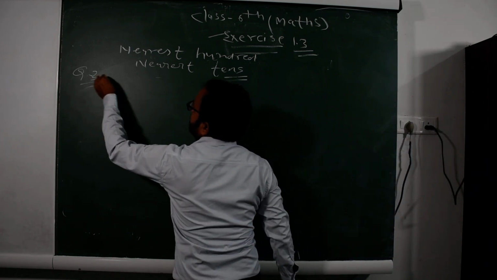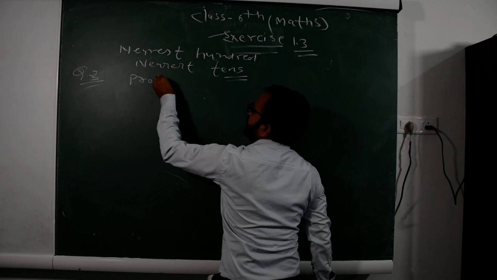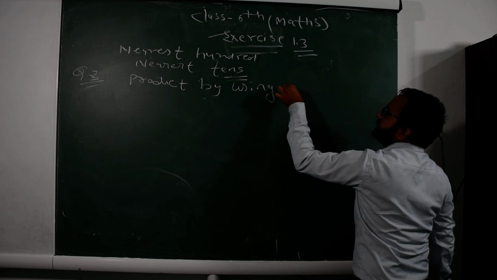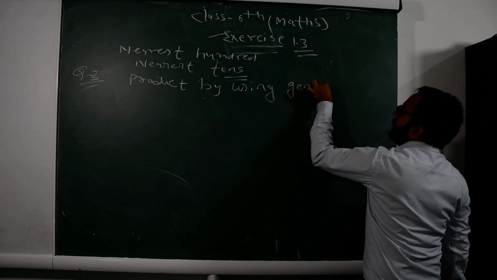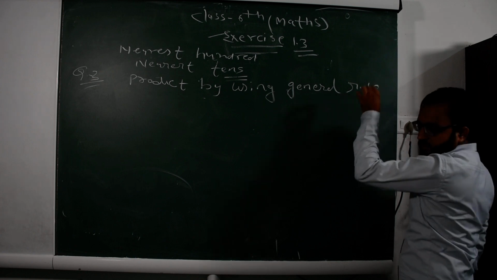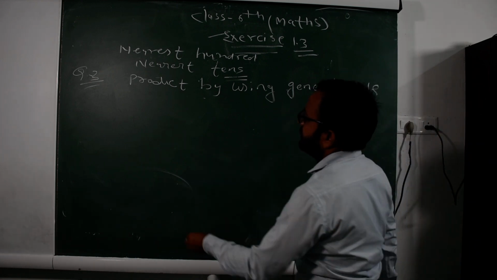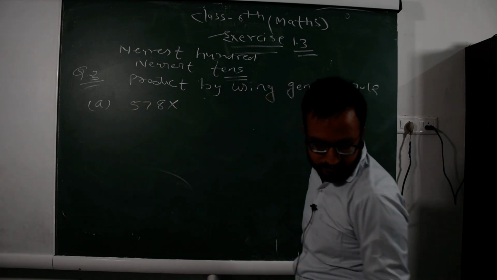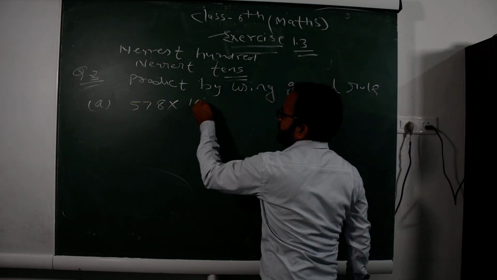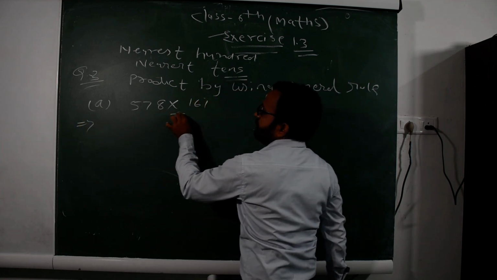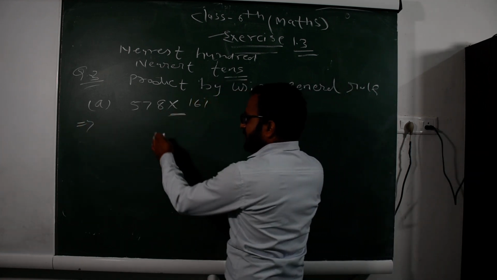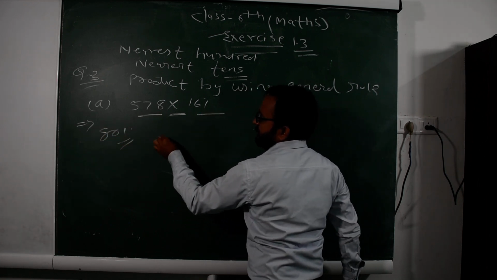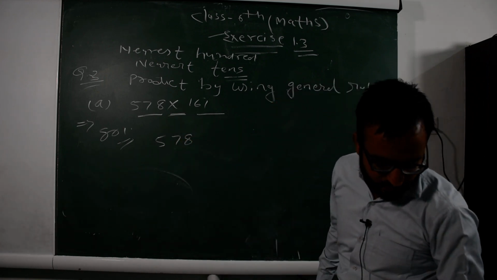Find the following product using the general rule. Your first question is 578 into 161. Now we apply product. First we estimate both values. First is 578.